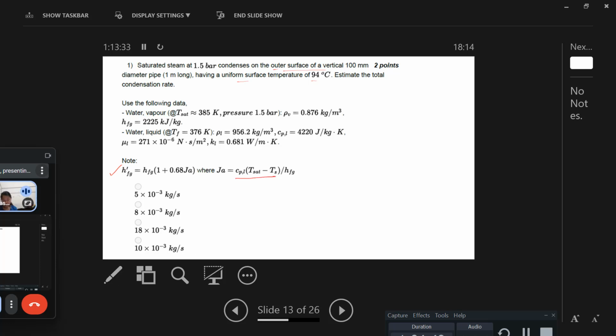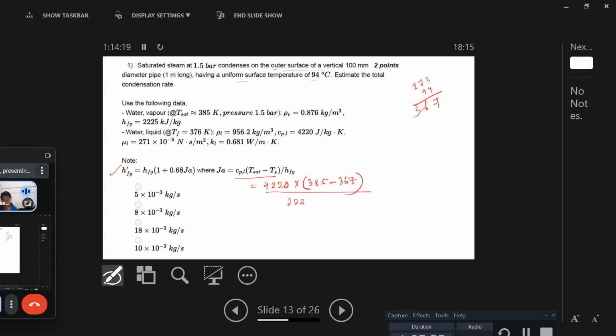Okay, this is equal to CPL, which is 4220, into T sat. T sat is 385 minus Ts, that means 94, whole divided by HFG.